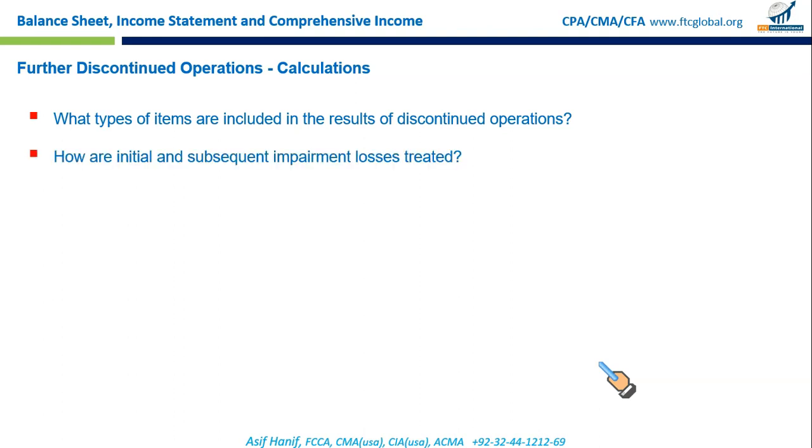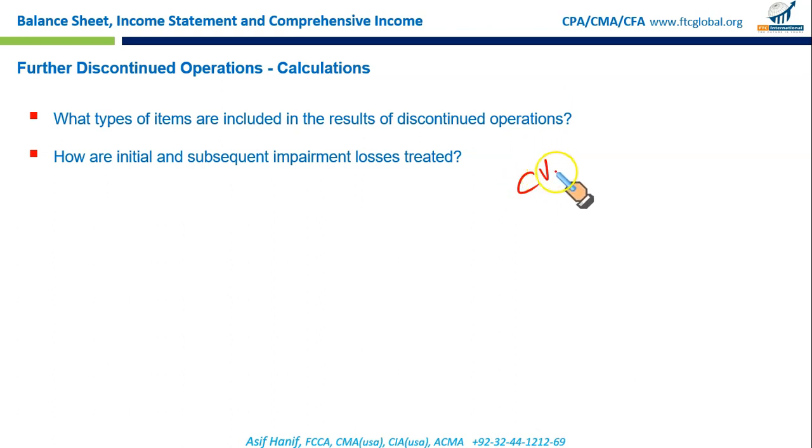It says, how are the initial and subsequent impairment losses treated? Alright, let's take an example. Let us suppose a company decides to discontinue its electronic division due to some strategic realignment. So we have some financial details to make this decision. We have the carrying value of the division, or the carrying amount.